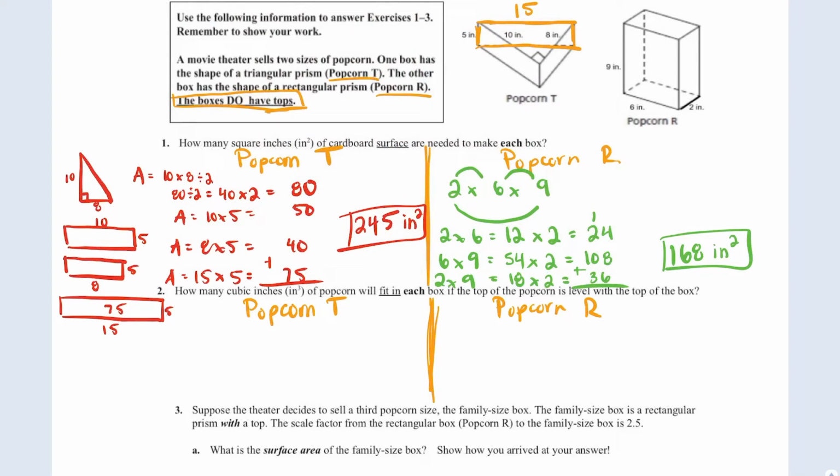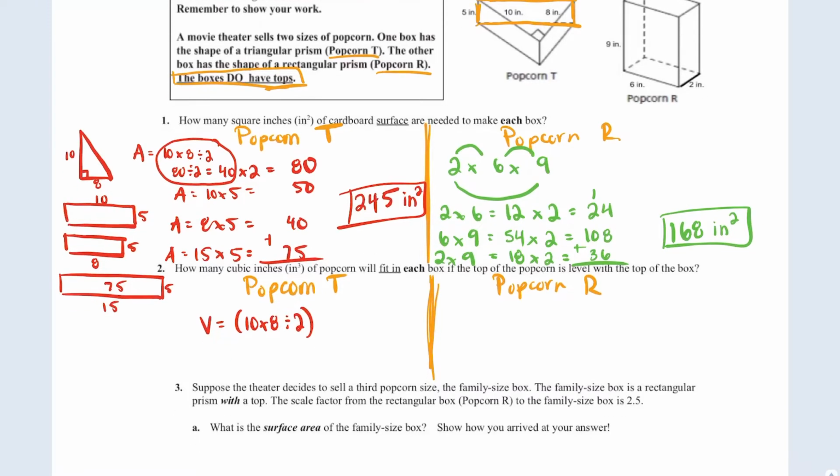Okay, so popcorn T, to find the volume of this shape, we're going to find the area of the base, which we already did, our work that we did here. So we take 10 times 8, and then we divide it by 2.